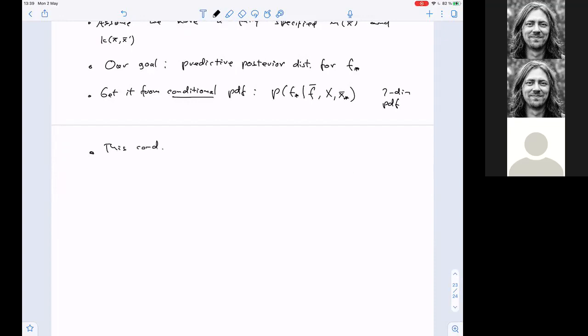So it's P of F star given F vector, X matrix, X star. This is now a one-dimensional normal distribution with parameters that we'll call mu star and sigma star squared.